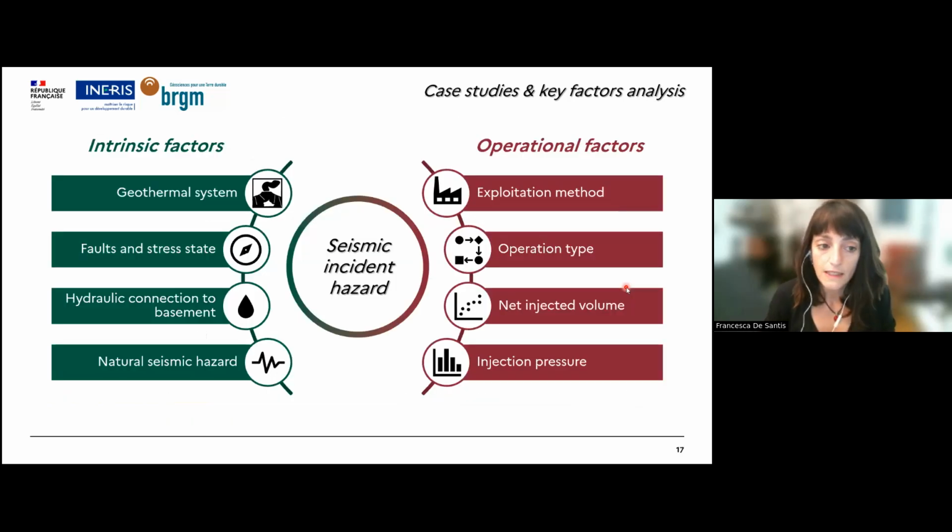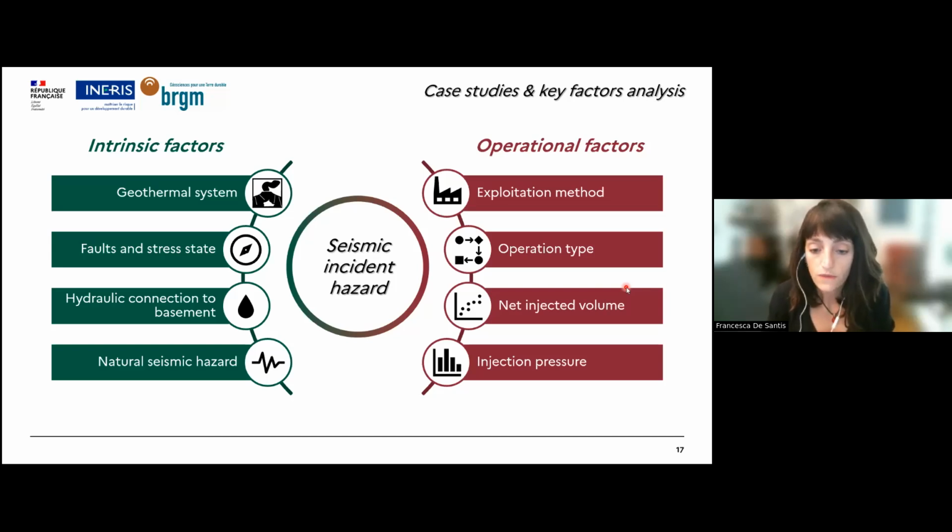What we have done then is that we have tried to analyze other intrinsic factors, so related to the tectonic and geologic setting in which the different projects are located, and also operational factors such as exploitation method, operation type, injection volume, and so on.